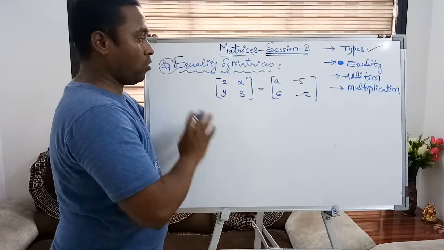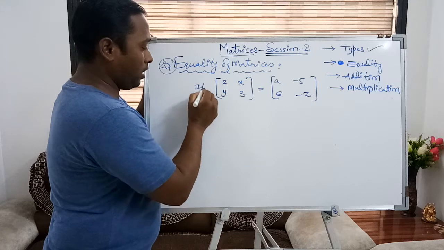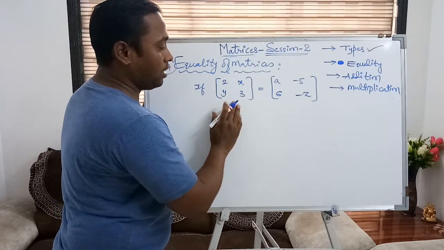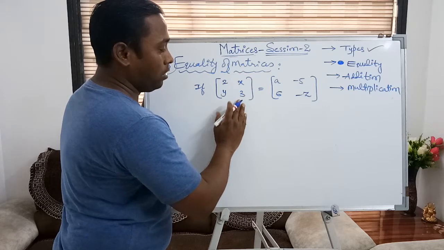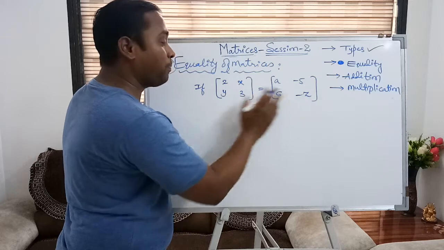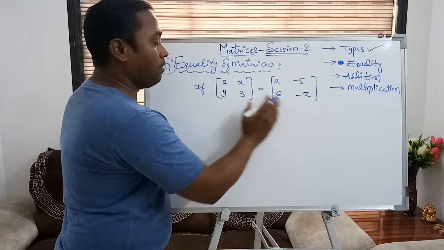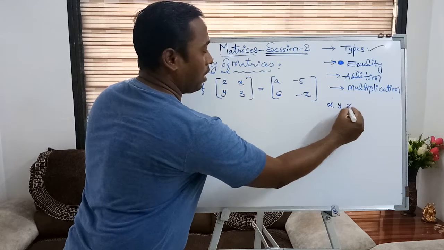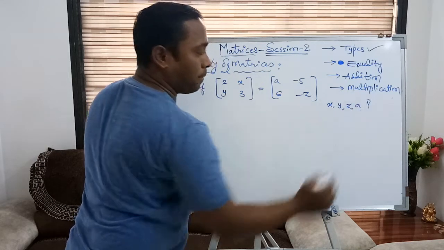Now it is already given that this matrix is equal to this matrix. You can see the order first: 2 by 2 here, and 2 by 2 here also. So already they are equivalent matrices. If the matrices are equal, find the values of x, y, z, and a.